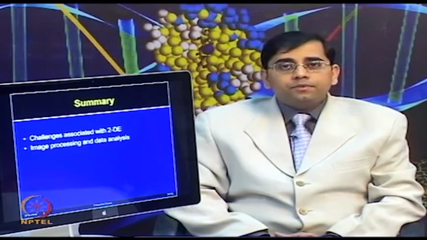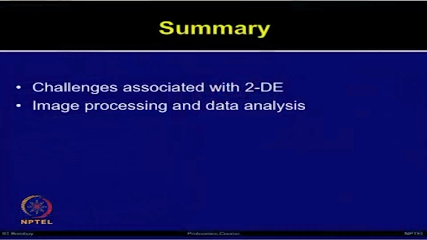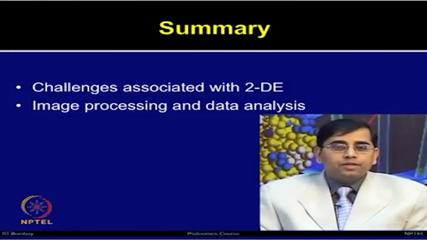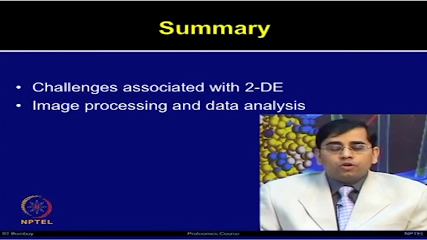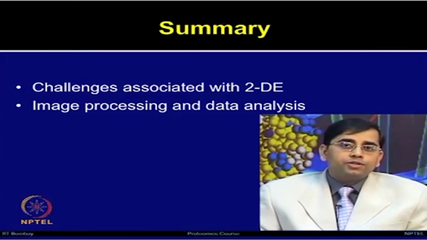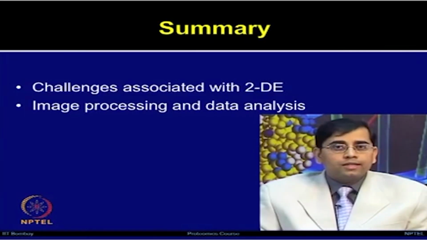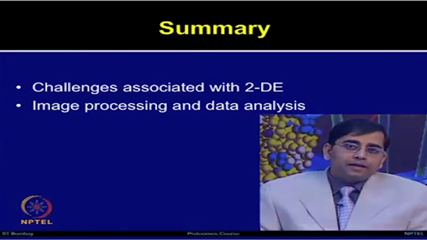So in today's lecture, in summary, we discussed the challenges for image processing which are associated with 2-dimensional electrophoresis, how one can process the images very efficiently, and how one can analyze these images stepwise by using various types of software. Most of the software work with a similar principle, and to give you a feel for the data analysis, we showed you a software demonstration during the discussion with Dr. Srinivas from GE Healthcare, image processing by using Image Platinum IMP7.